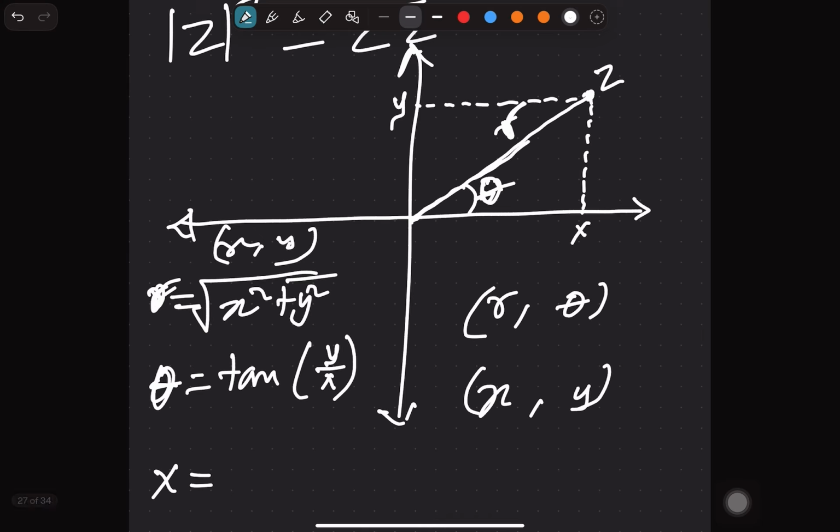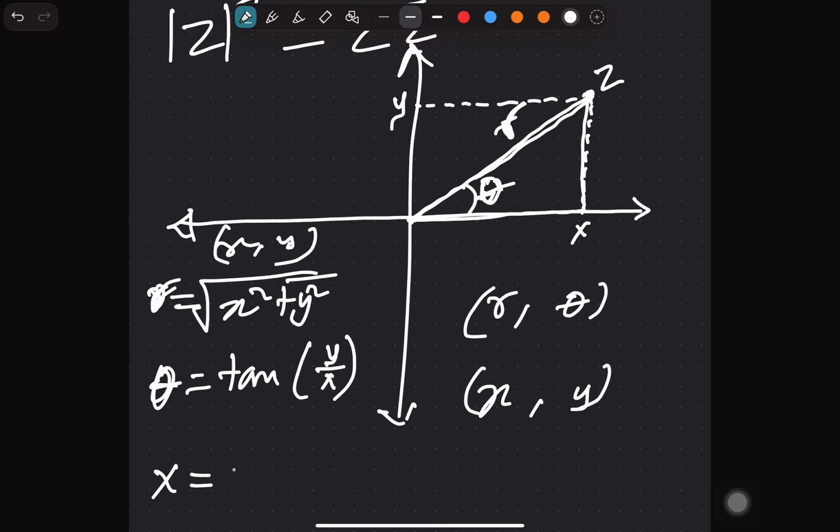Now x from r and theta. Let's go back to the hypotenuse, the adjacent and the opposite we know from basic trigonometry, and especially the theorem of Pythagoras.